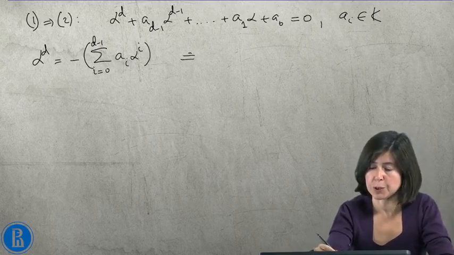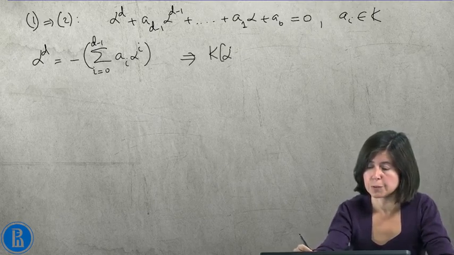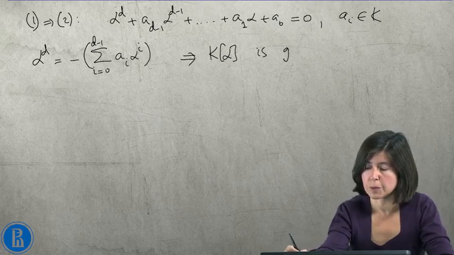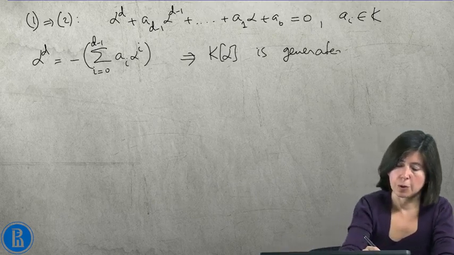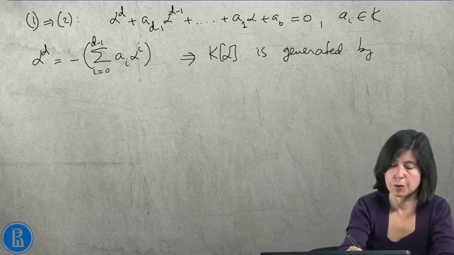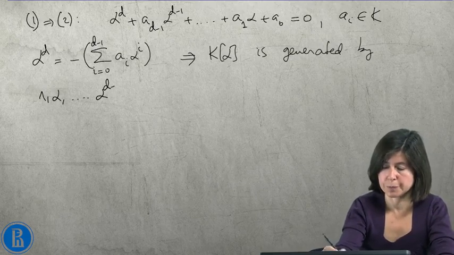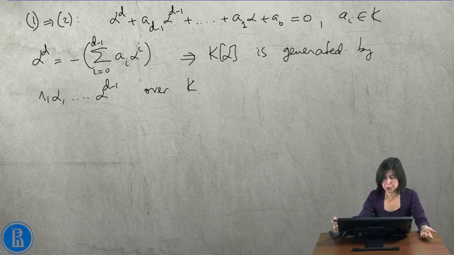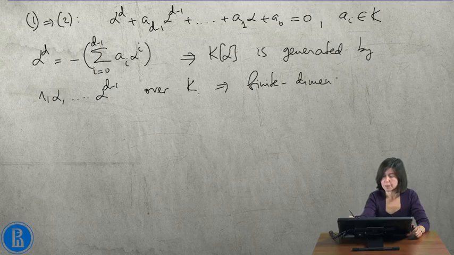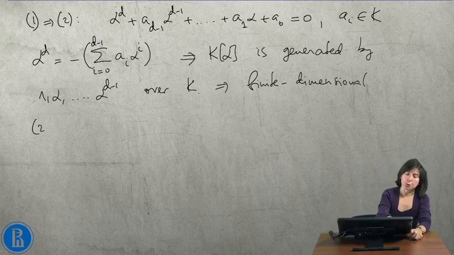This implies, of course, that K of alpha is generated by 1, alpha, and so on, alpha to the power of d minus 1 over K. And in particular, it is finite dimensional. Let me prove that 2 implies 3.